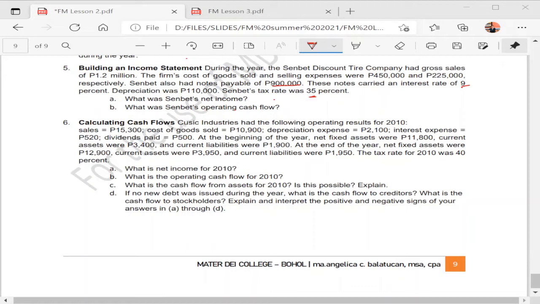But we can also use another formula to be able to answer the problem. So as presented here, that's a correct formula. So you get the OCF and then deduct the change in net working capital, and you have the net capital spending.